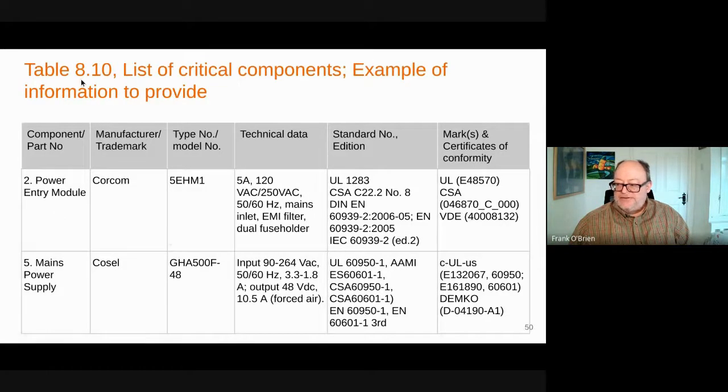And so this is table 8.10. You're going to see these columns. And there's your manufacturer and type number. Is that always safety critical? Sometimes it's necessary to confirm what was tested, but we have a means to say "or equivalent," or UL puts it in parentheses sometimes. Not sometimes.